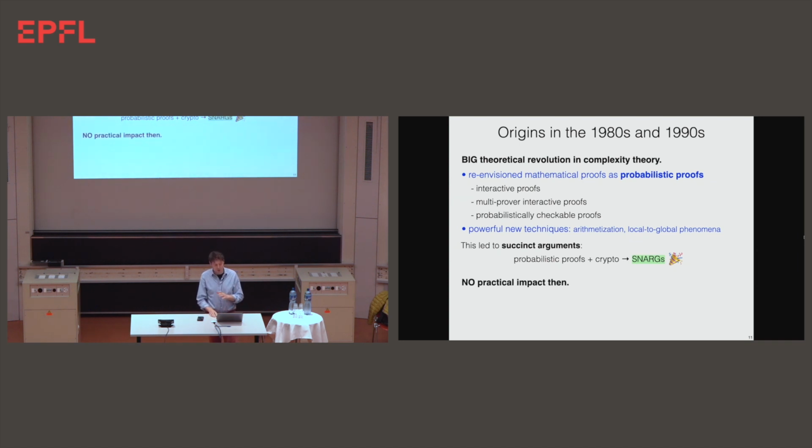However, at the time there was no practical impact. Okay, and part of the reason is that they were so-called galactic algorithms. They had decent asymptotics, like polynomial or even polylogarithmic. But when you look at the actual constants, the nice asymptotic behavior would be perceived at input sizes that would be like the size of the galaxy, right?